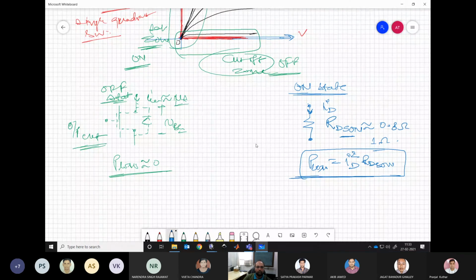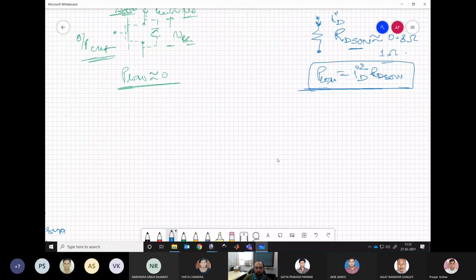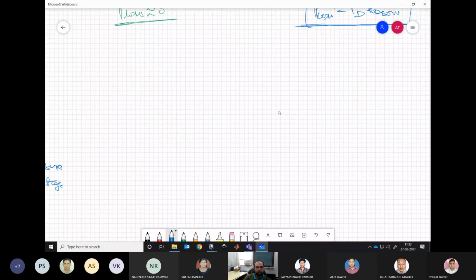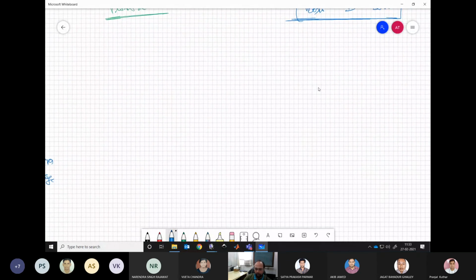Now another very common device which we use in our converters, and this would probably be the last device which we will discuss in this course. Just for the sake of completeness, we'll quickly see the IGBT, insulated gate bipolar transistor.